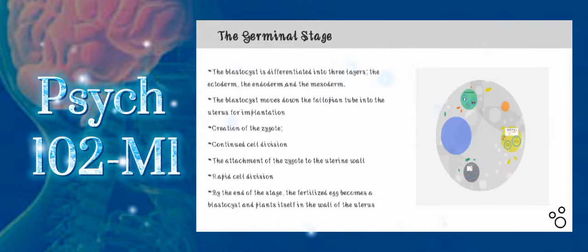Creation of the zygote occurs. Continued cell division also happens. The attachment of the zygote to the uterine wall also occurs. Rapid cell division also happens. By the end of the stage, the fertilized egg becomes a blastocyst and plants itself in the wall of the uterus.